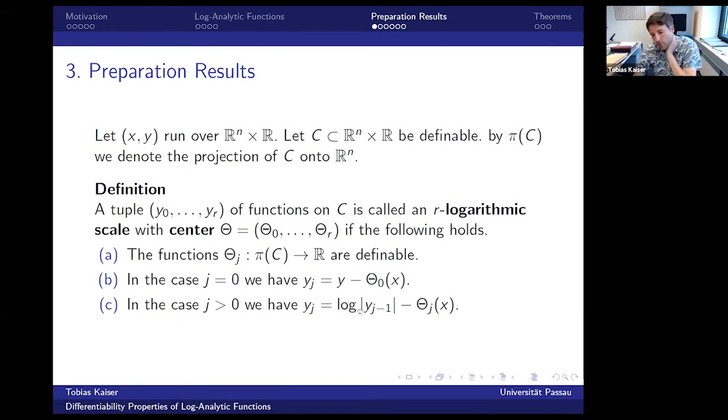So applying logarithm, translating. Of course, I have omitted some technical details, so y_(j-1) minus theta_j is not allowed to be 0, and so on. So that's a logarithmic scale. Once again, applying logarithm, translation.